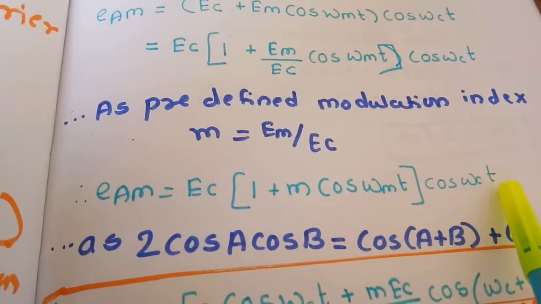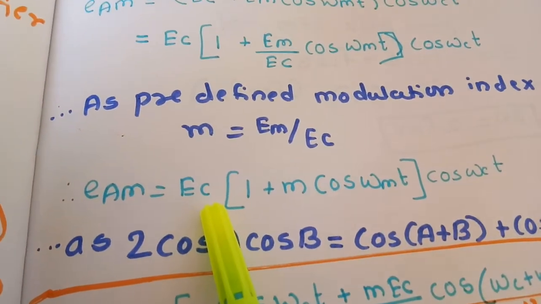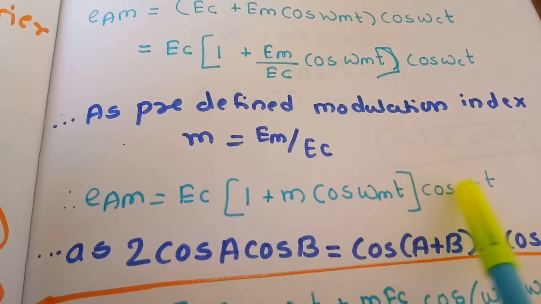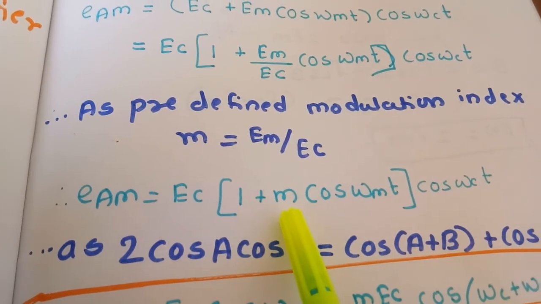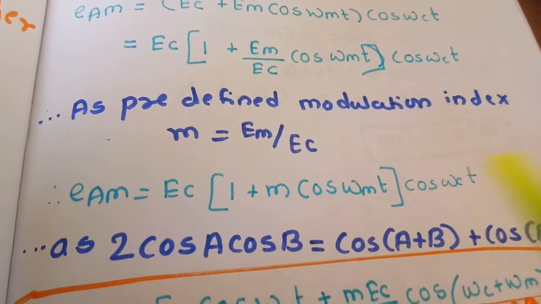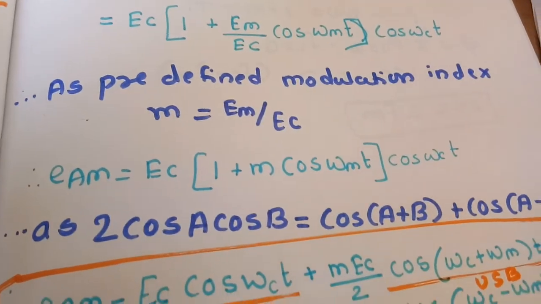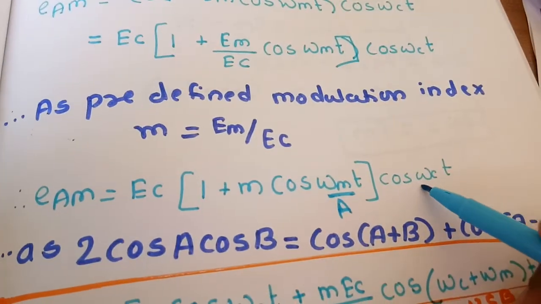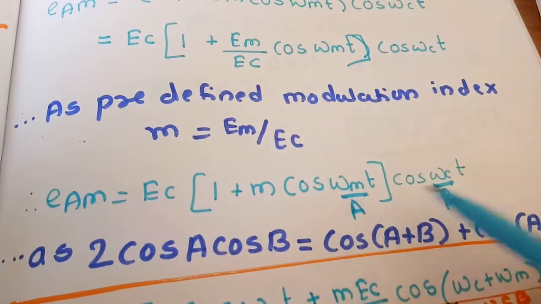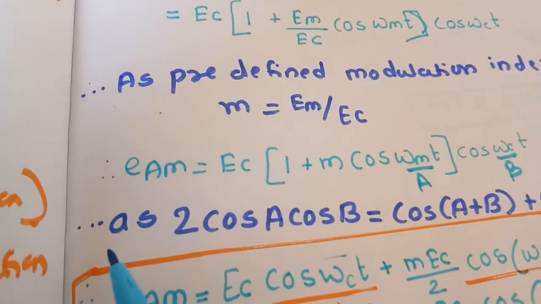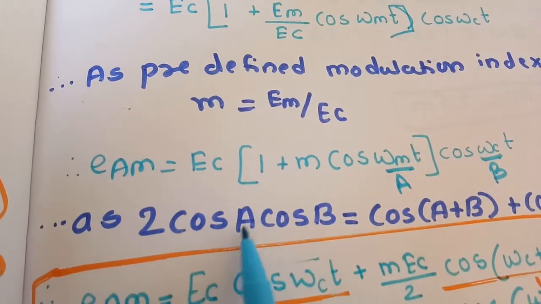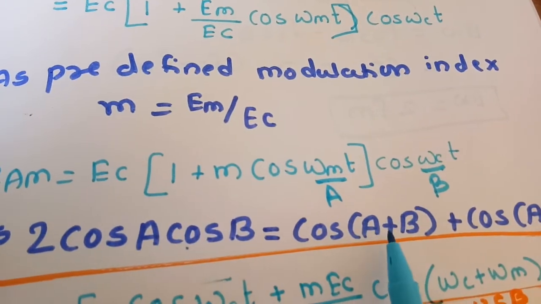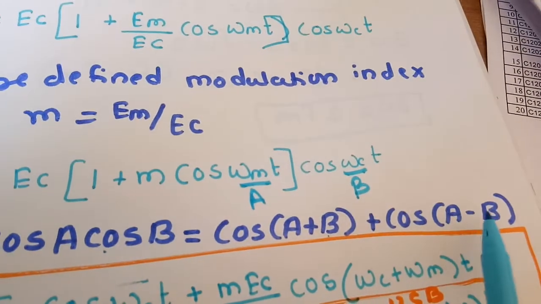Now we will use one formula. If I multiply the cos term inside, the first term is EC cos omega ct plus M times the product of two cos terms. We consider one as A and the other as B. The standard formula is 2 cos A cos B equals cos(A plus B) plus cos(A minus B).